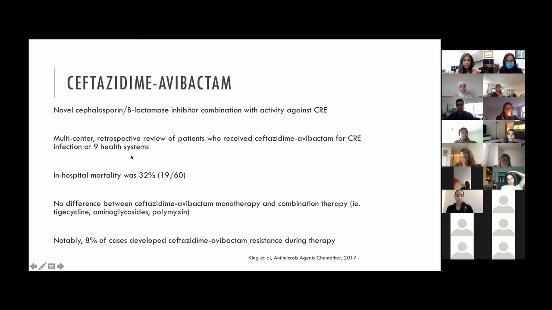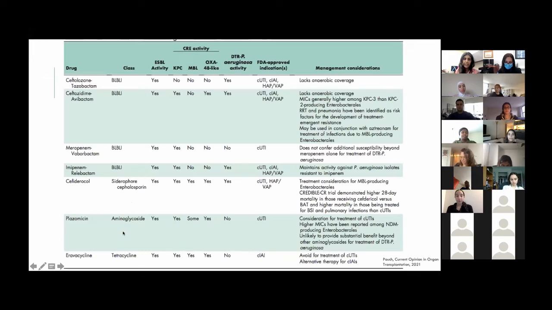In one multi-center retrospective study that looked at treatment with ceftaz-avi for CRE at 9 different health systems, there was still a significant mortality rate, which is not uncommon with CRE, but the good news is that monotherapy with this drug was very similar to combination therapy with these older drugs. And of course, not surprisingly, we already do have resistance emerging with ceftaz-avi.